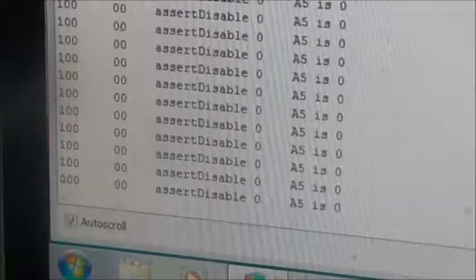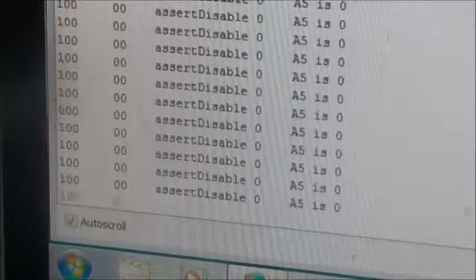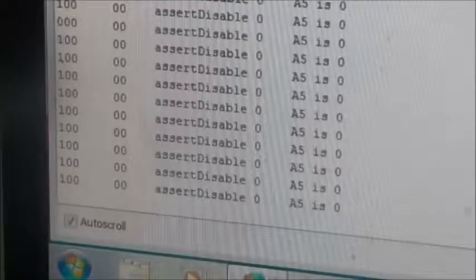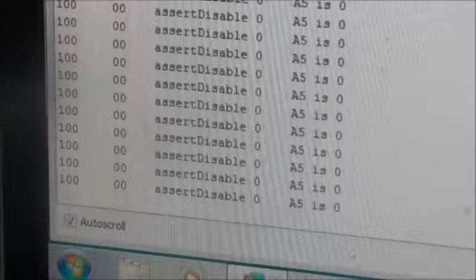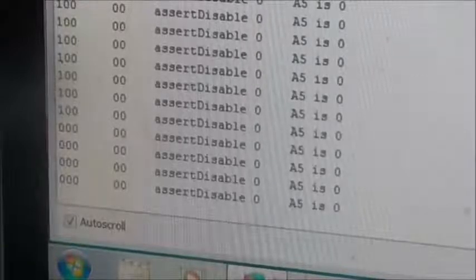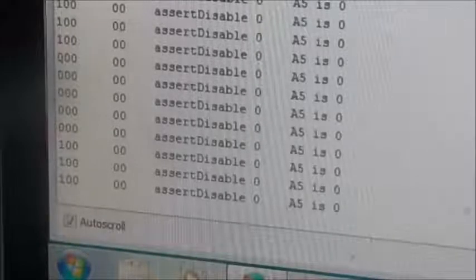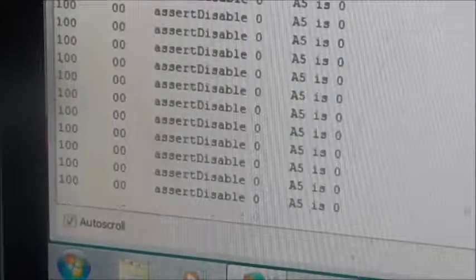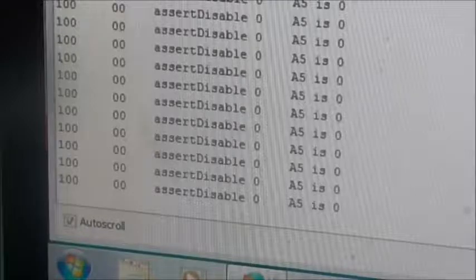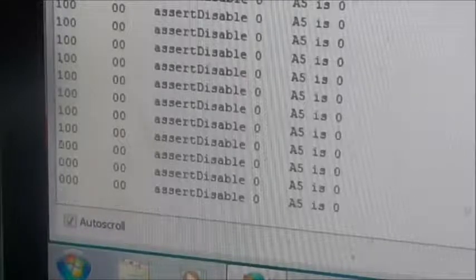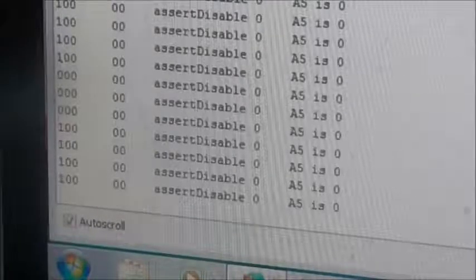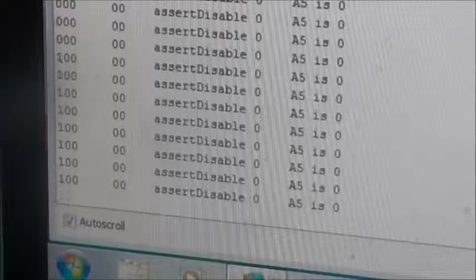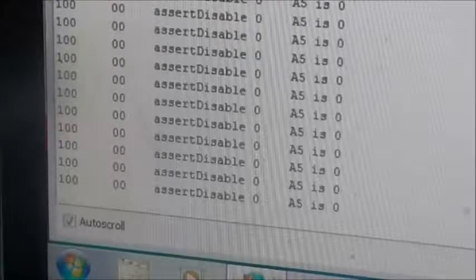And what we have here is a serial monitor that's monitoring what the inputs to the Arduino are and the outputs as well. Now, you'll see that there are 3 digits on the left hand side, and what they're measuring is the inputs, and you'll see that the leftmost keeps changing.